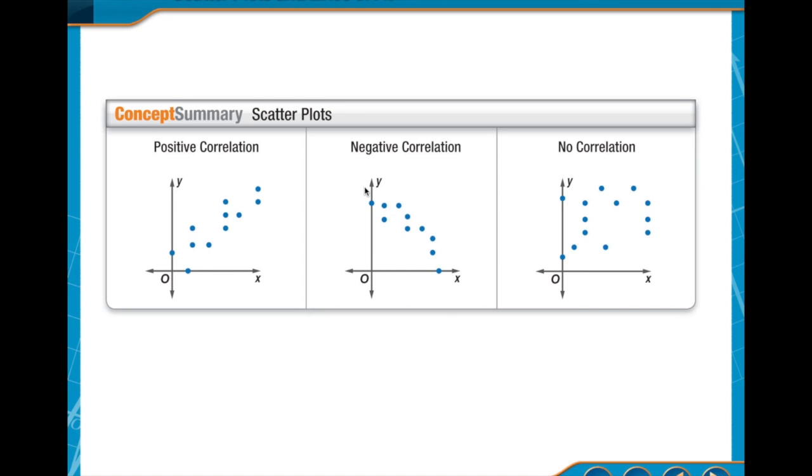In other words, we see our data trend down to the right. So positive goes up, negative goes down. Now no correlation means there's no real pattern. It just seems random. There's no real pattern going up or down. So positive going up, negative going down, no correlation, just scattered.